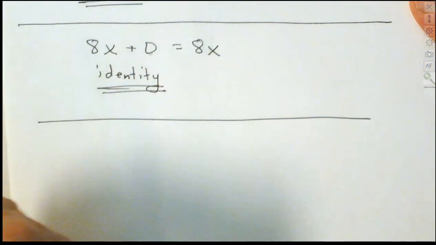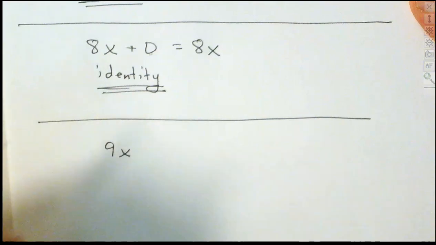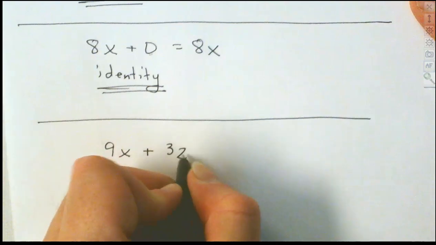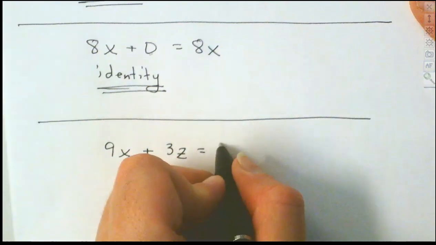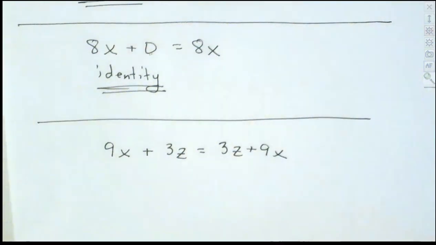Let's try another one here. What do we think about this one? Does anyone know what this one might be? Okay, I'll give you a hint. It's either the associative property or the commutative property.